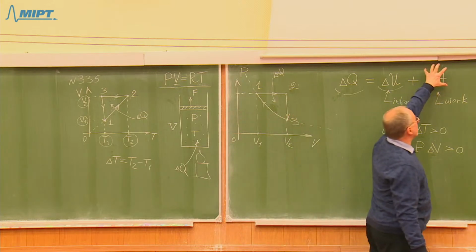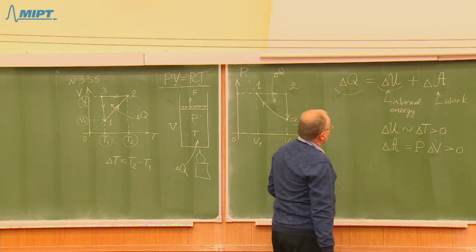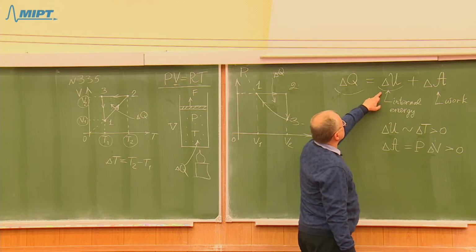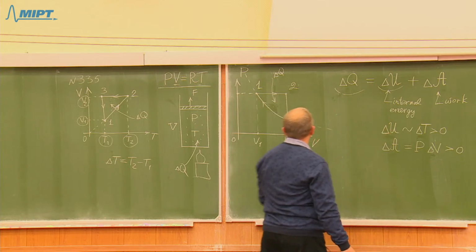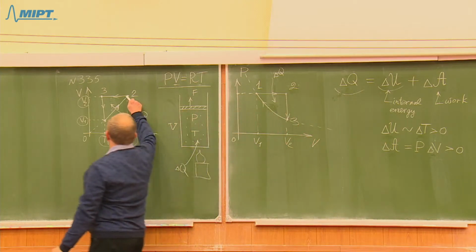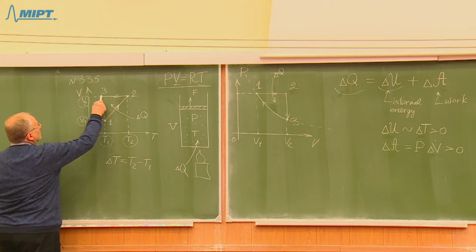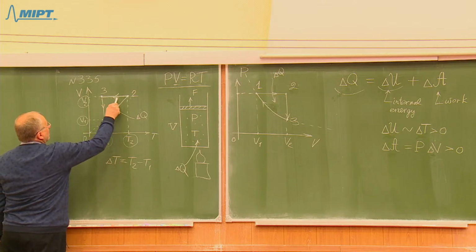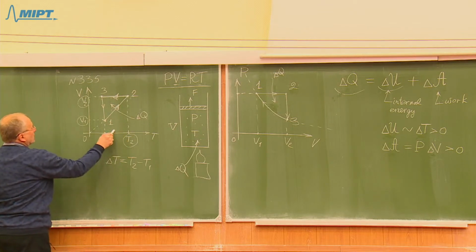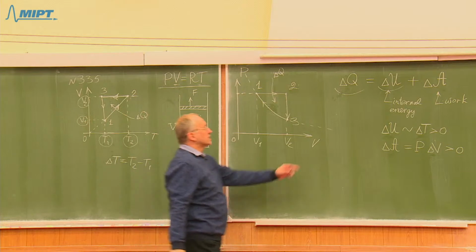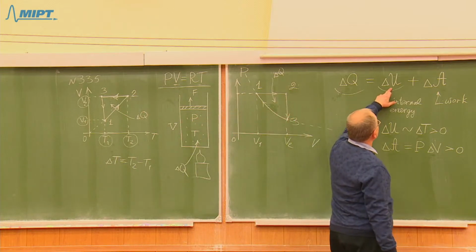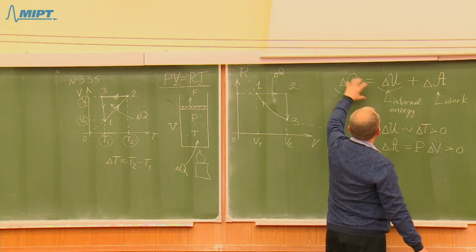So the second term here is 0, while the first term should decrease because temperature is decreasing. When the gas state changes from point 2 to point 3, temperature decreases, and therefore the internal energy decreases, so delta U is negative, and the second term is 0.